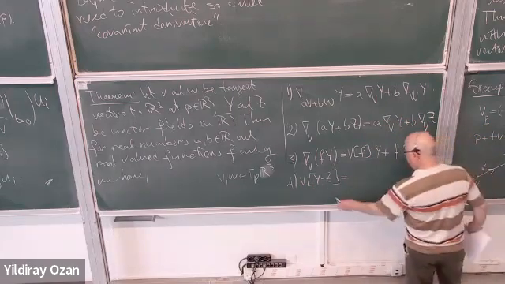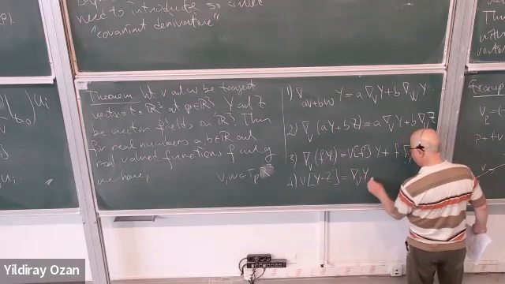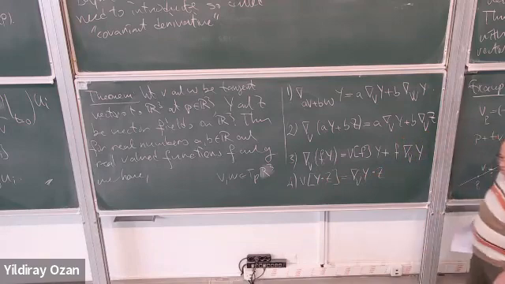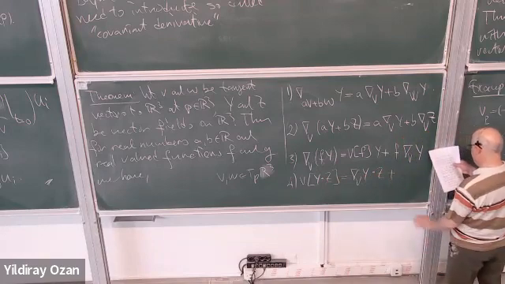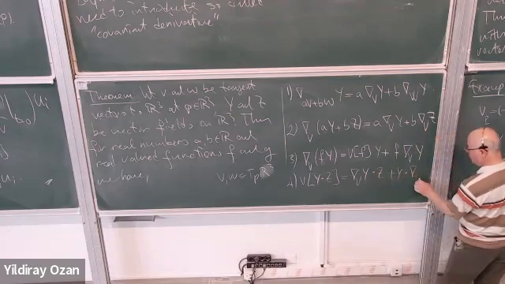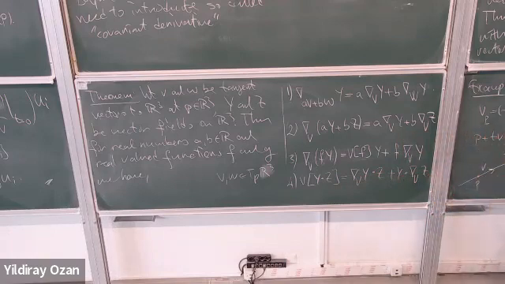It is the derivative of this guy, which is just this, and then I have the dot product, so I multiply with this, plus y dot product the derivative of z.